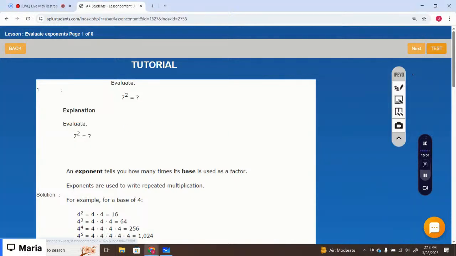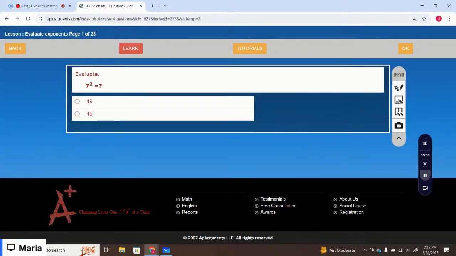Let's just start with the test question. The first example is 7 squared. You have to evaluate.